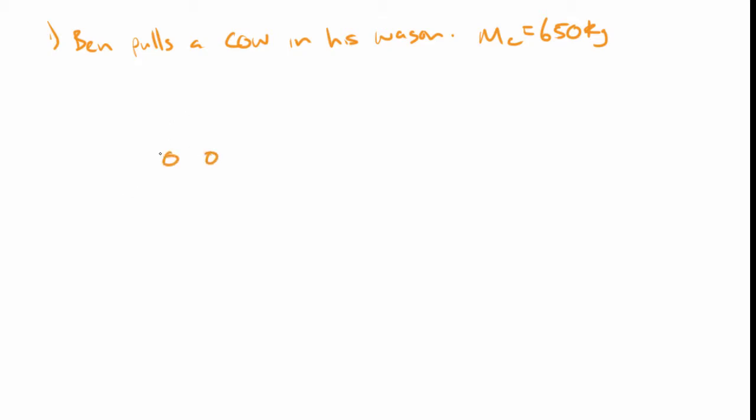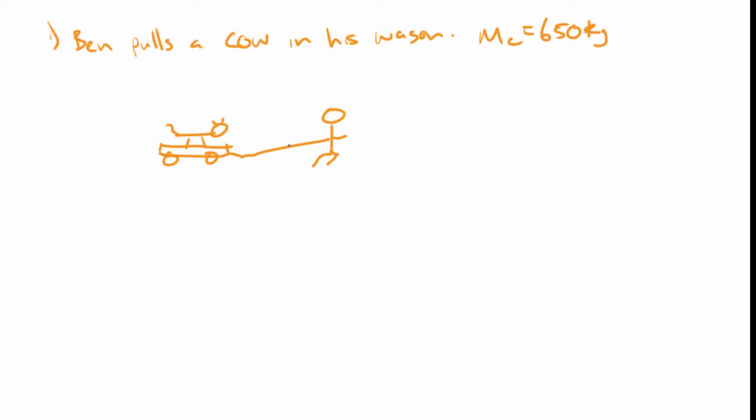Let me draw a picture of a cow in a wagon. You know this is going to be great. Look, it's a cat. That would make more sense. And Ben is pulling the cow. Something like that. All right, ugly picture, whatever. He pulls with a force of 200 newtons.